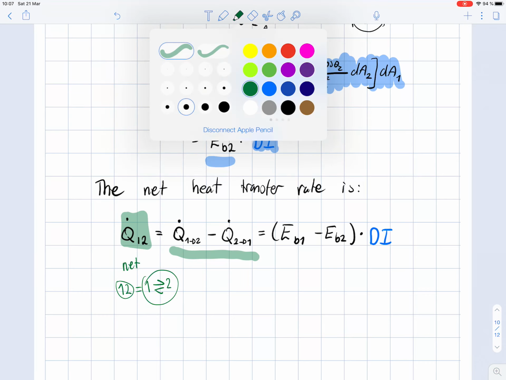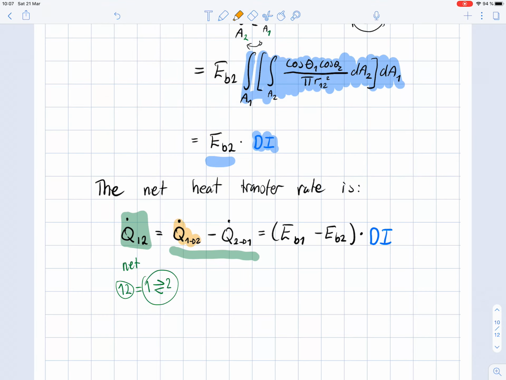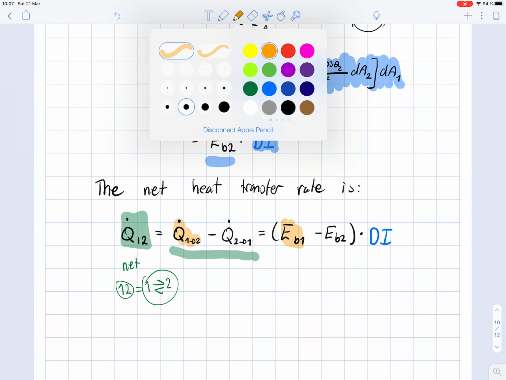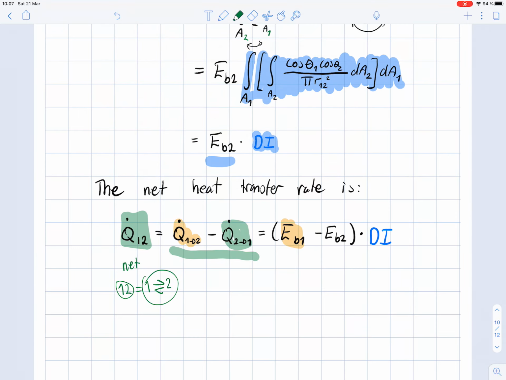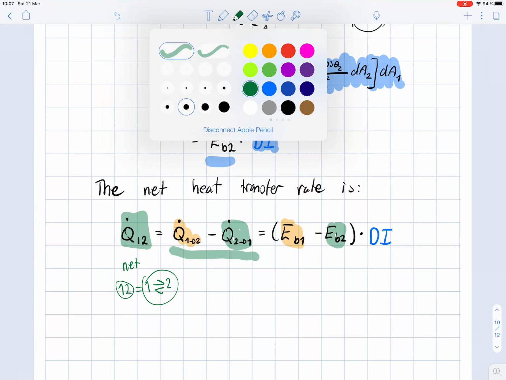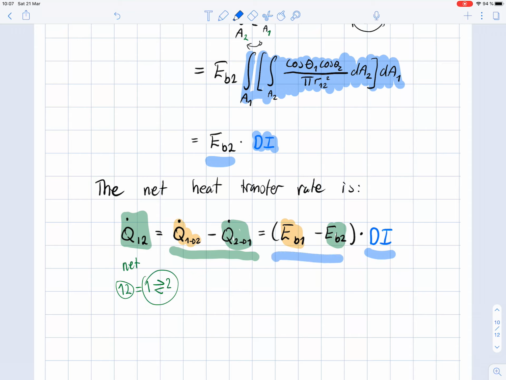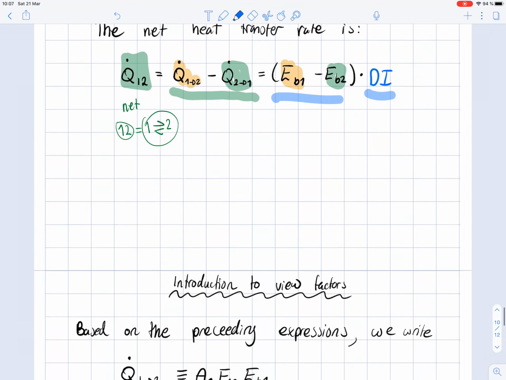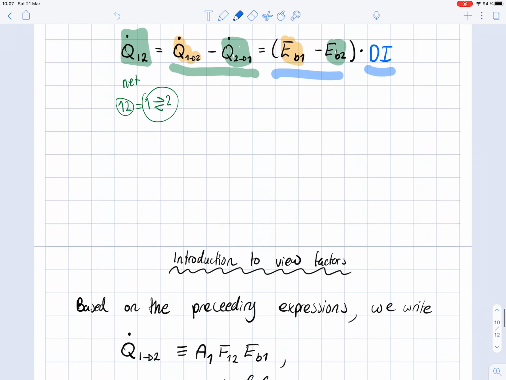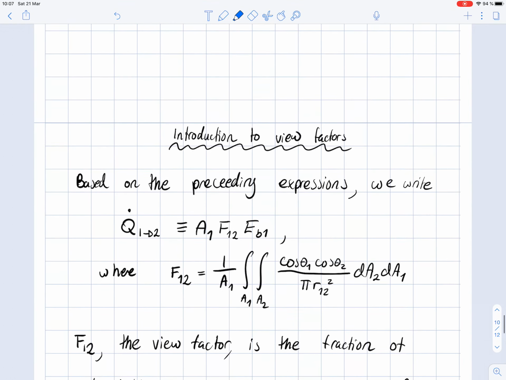The first one is EB1 times the double integral. The second one is EB2 times the double integral, so we can move the whole double integral outside and we just get the difference in the black body radiative flux. And that's it, actually.